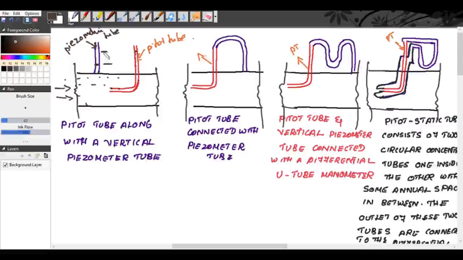This difference in height is small h, where h is the difference in pressure head.